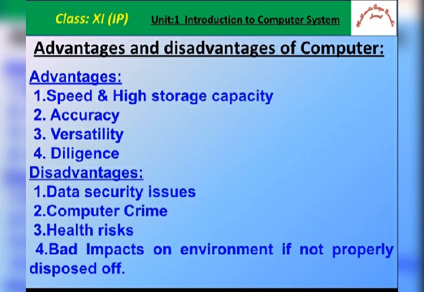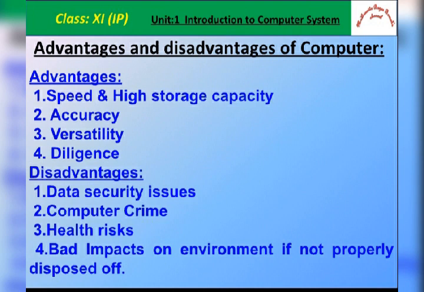Then the limitations or disadvantages of computers. Computers cannot think or decide anything on their own and have to be programmed by humans to perform specific tasks. If an unanticipated situation arises, unlike humans, computers are not adaptable.